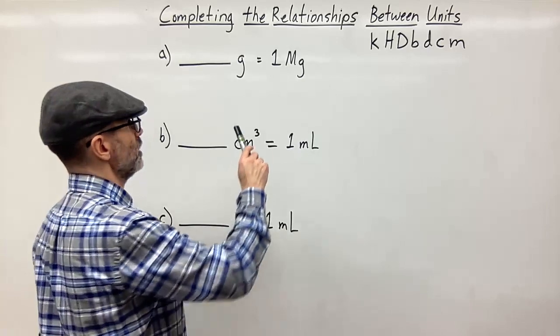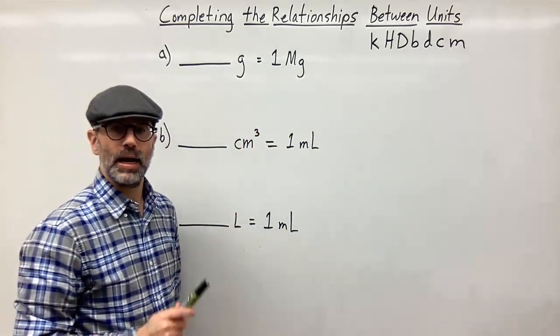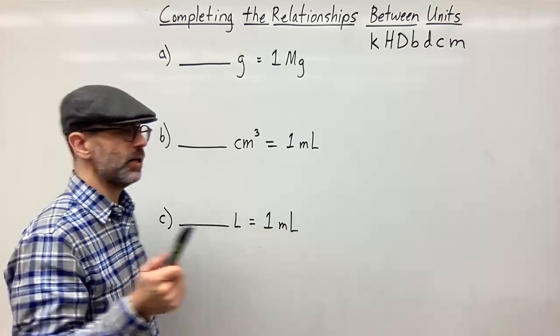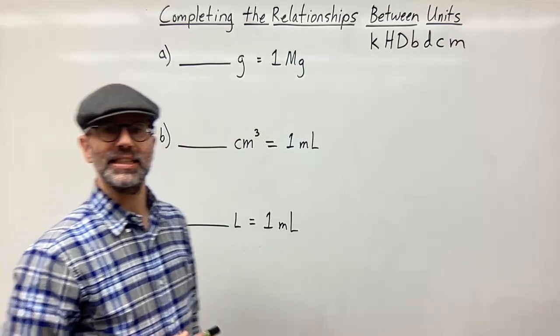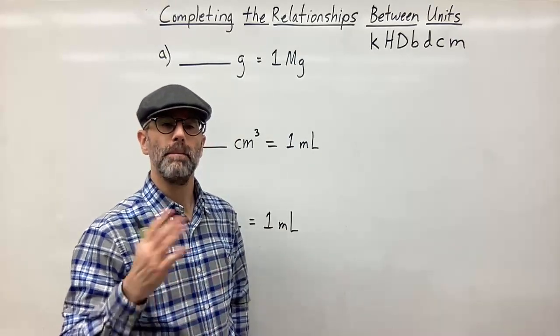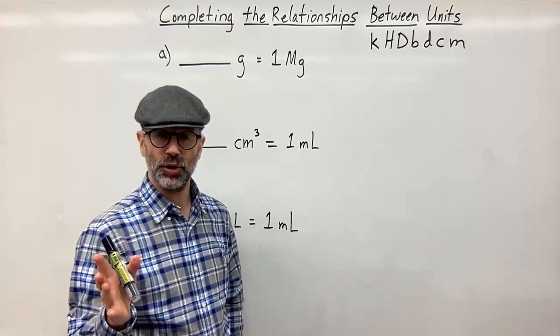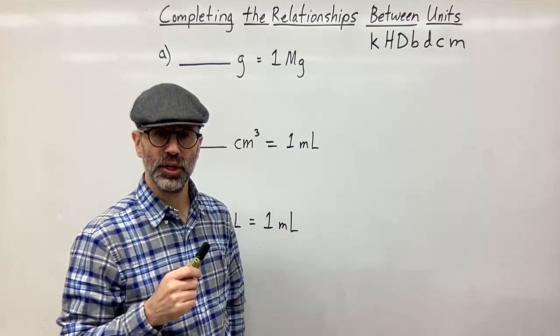So I need to know what mega stands for, and I'm going to put the multiplier for mega here. Mega is not 1 millionth, I'm sorry, it's 1 million of whatever unit. So mega stands for 1 million.